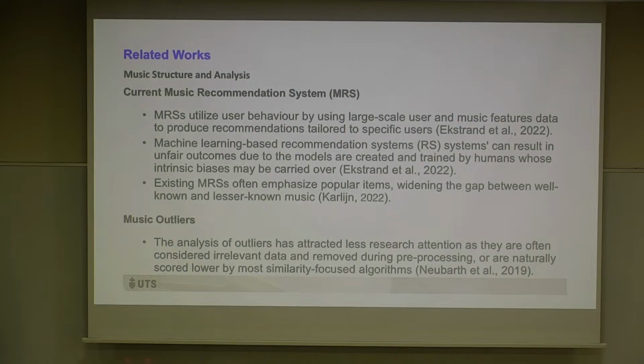Existing music recommendation systems often emphasize popular items, leading to gaps between known and less known music. The analysis of music outliers has attracted less research attention, as they are often considered noisy data and removed during the pre-processing steps.